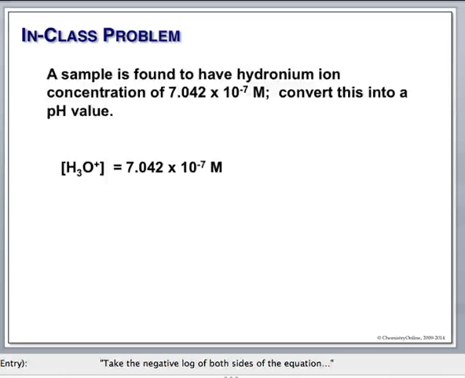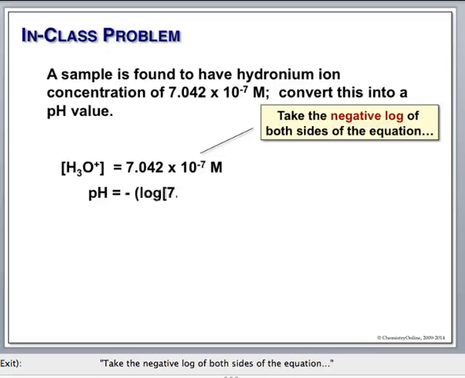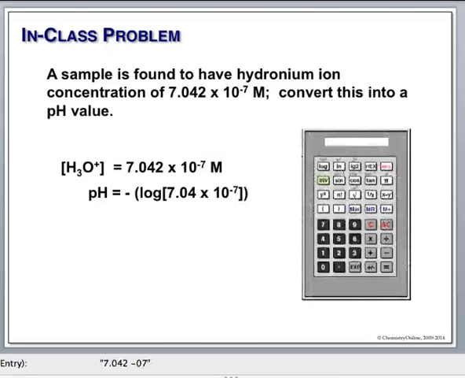This is our hydronium ion concentration, that's given. We know the pH is simply going to be the negative logarithm of this thing, right? So what we're going to do is take the log here and multiply it by minus 1.